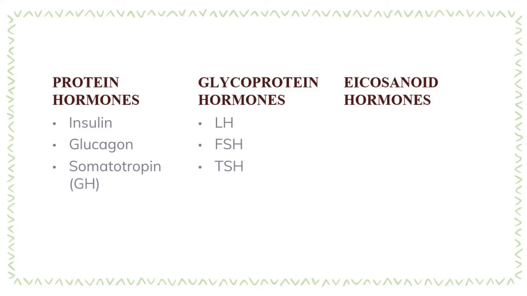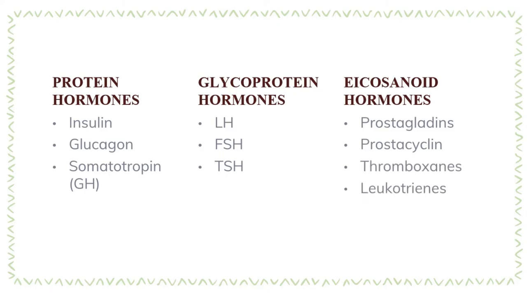Eicosanoid hormones are made up of small fatty acid derivatives of arachidonic acid, such as prostaglandins, prostacyclins, and thromboxanes.